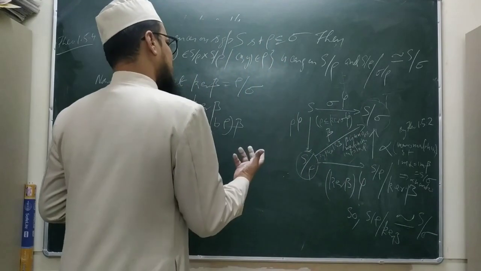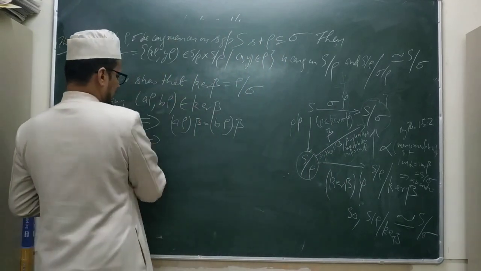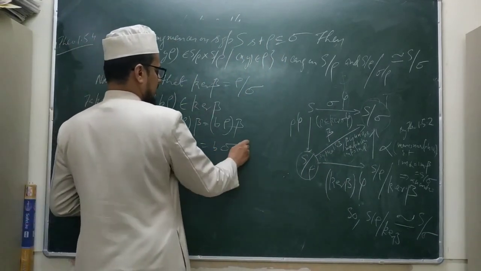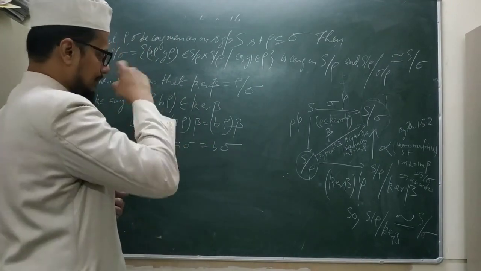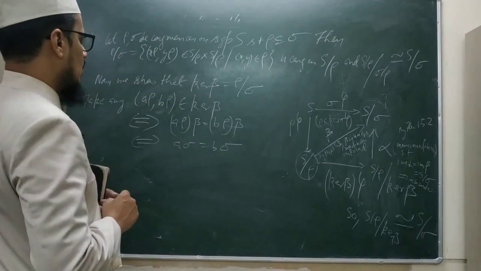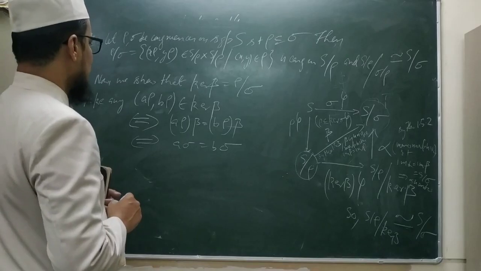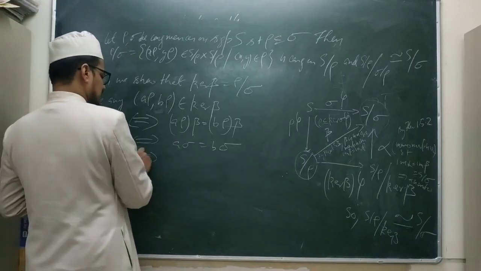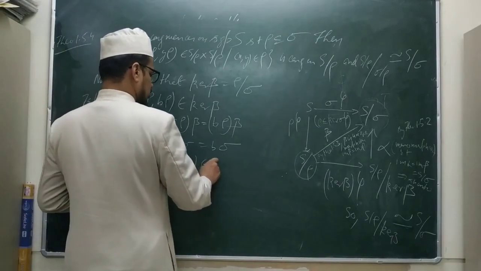So how is A rho beta defined? Of course, it implies A sigma is equal to B sigma. Now, A sigma is equal to B sigma. It implies that A comma B belongs to sigma.